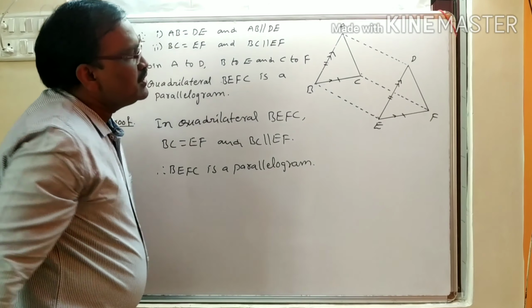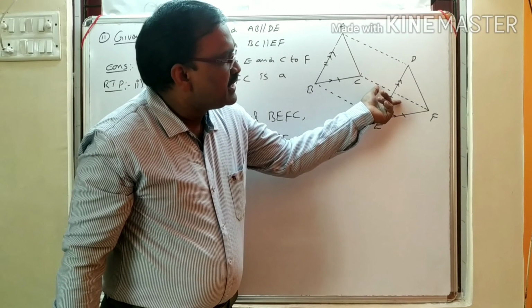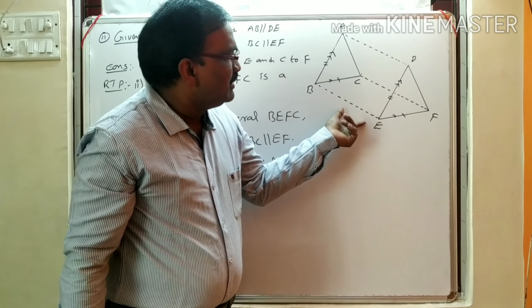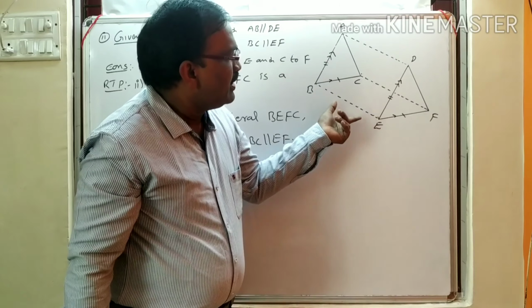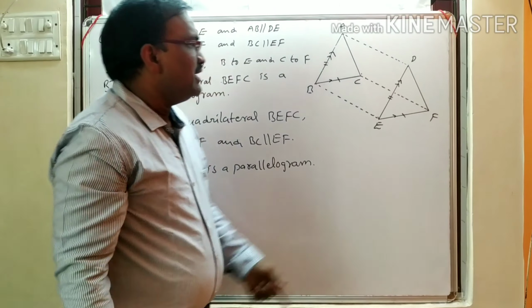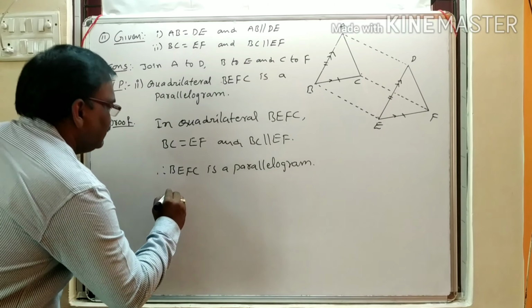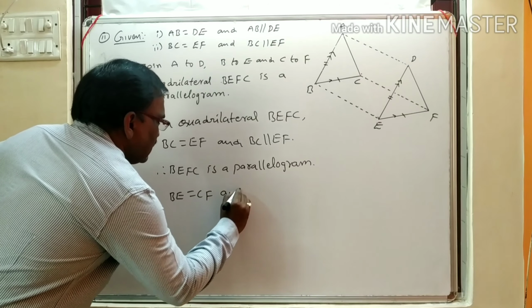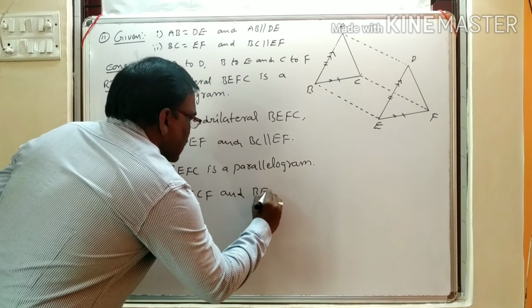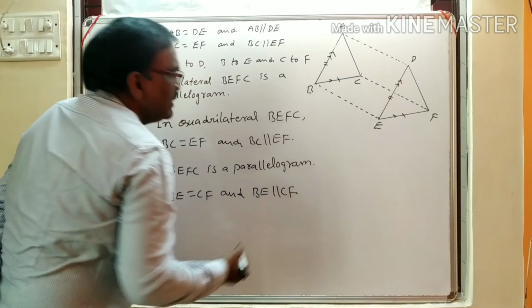So in a parallelogram, opposite sides are parallel and equal. So BE is parallel to CF and BE is equal to CF. BE is equal to CF and BE parallel to CF.